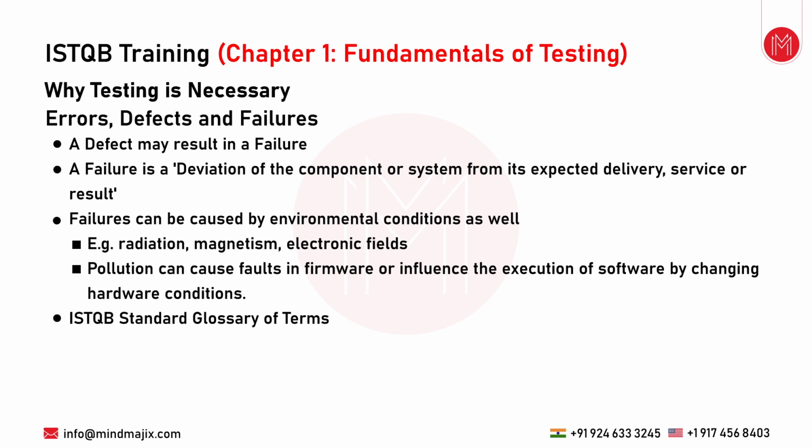We are here talking about radiation, magnetism, and electronic field, which I will share in more detail because there is a very interesting story behind each case study attached with radiation, magnetism, and electronic field that you'll come to know when you join the course. So pollution can cause faults in firmware, and influence the execution of software by changing the hardware condition, and all these things can lead to a failure.